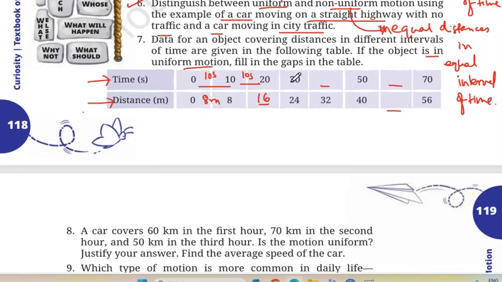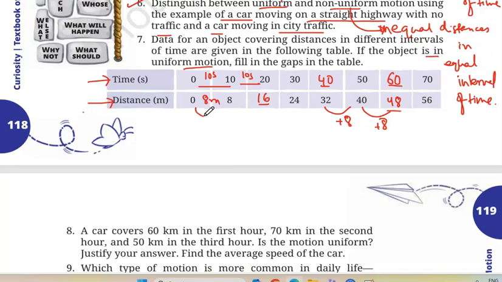Then 20 to 30. Again, add 8 to it, it is 24. Now in another 10 seconds, that means at 40 seconds, another 8 meters. 24 plus 8 is 32. Then another 10 seconds, 32 plus 8 is 40. Then another 10 seconds, 40 plus 8 will be 48.